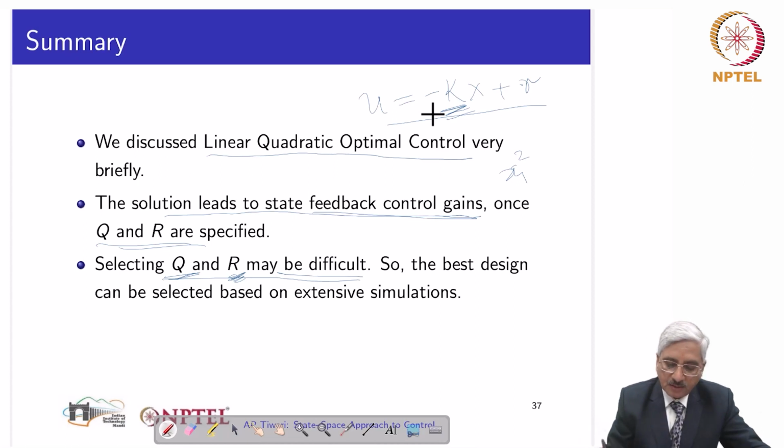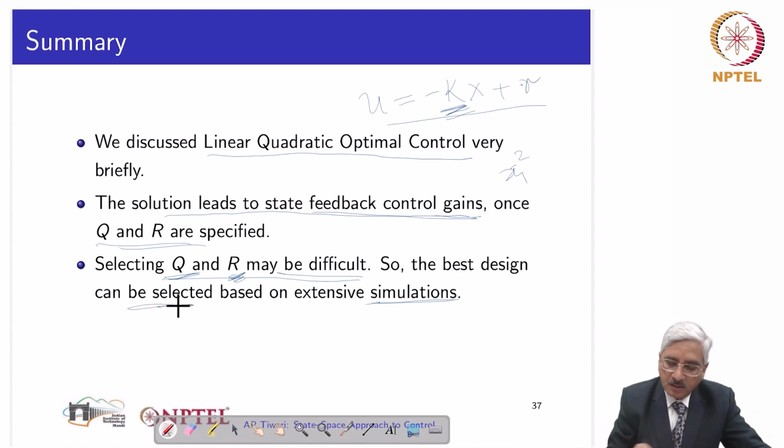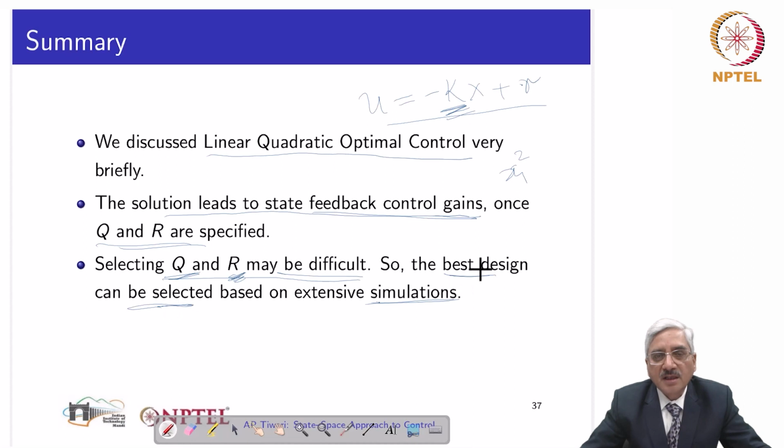For each combination, do the simulation in representative scenarios, for different kinds of inputs and initial conditions, and select the best or nearly the best optimal design. So that has to be done based on simulation or by better understanding of the physics of the given system.